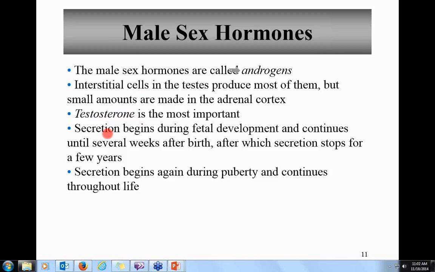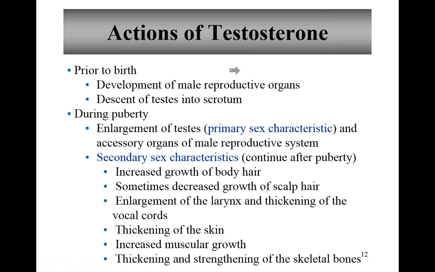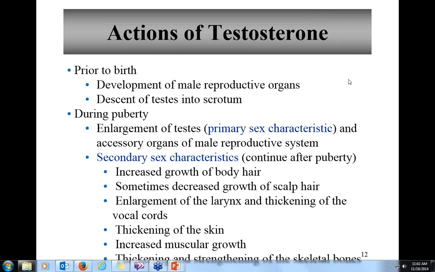And secretion of testosterone begins fetally and then stops, and then at puberty you get another spurt of testosterone if you're a male. What does testosterone do? Well, prior to birth, it helps the male reproductive organs develop and causes the descent of the testes into the scrotum.